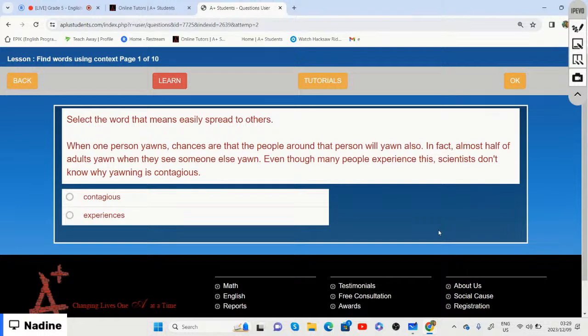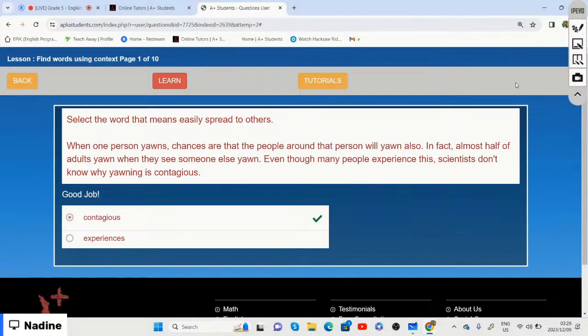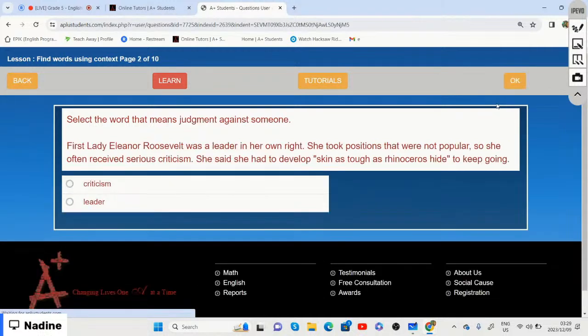If we select spread to others, then we would select contagious, because something that is contagious spreads to others. So contagious is correct. Yes, well done. Number one, it is correct.